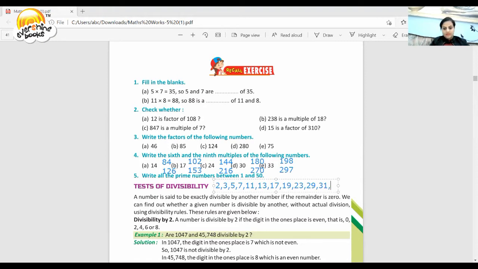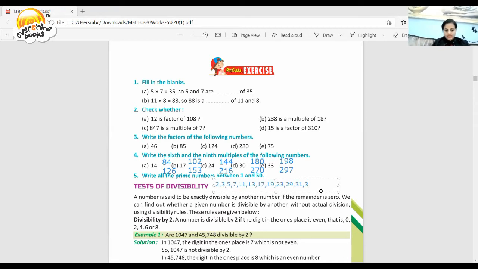Then 37. Make the font small so that all the digits will come properly. But it is too small, so I'm making it a bit bigger. This is fine.